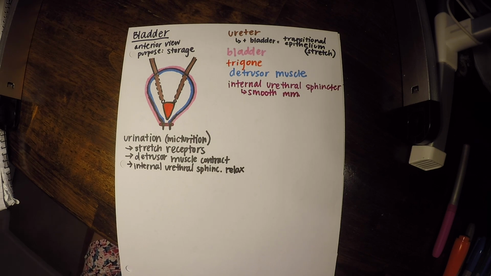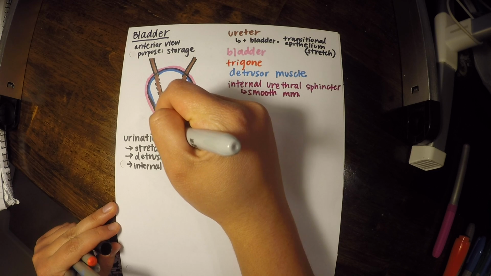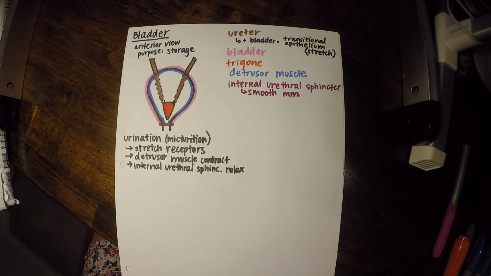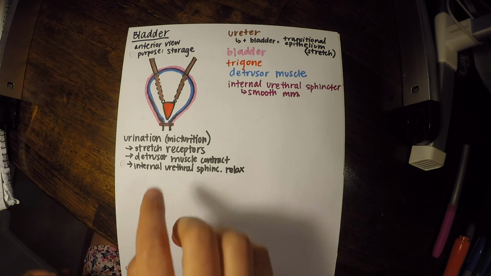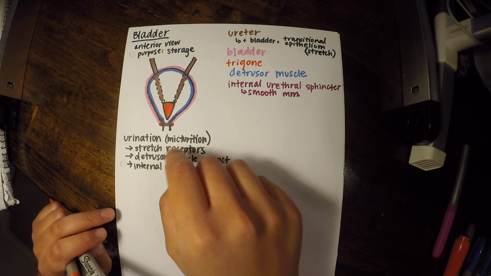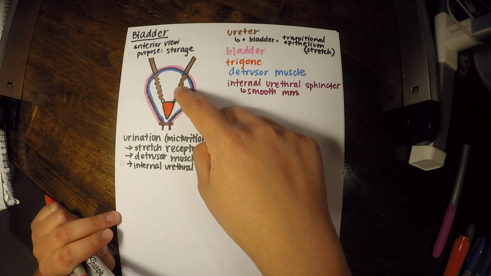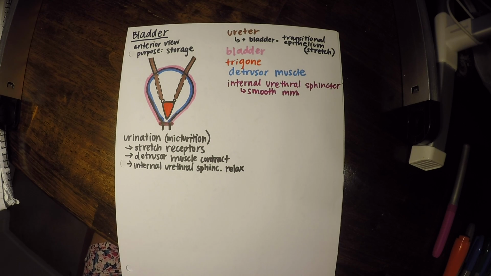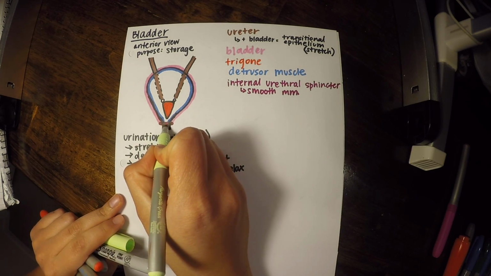Now, after we have that internal urethral sphincter, that is actually going to be the transition point for the beginning of our urethra. So oftentimes people will get the ureter, this brown thing, confused with the urethra. So let's make sure we don't get confused with that. I'm going to draw it in right here.